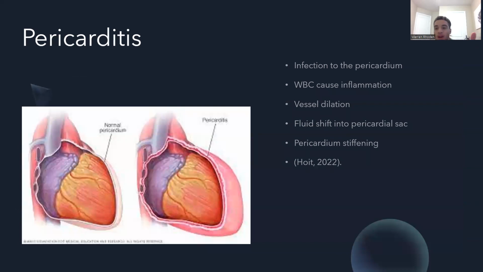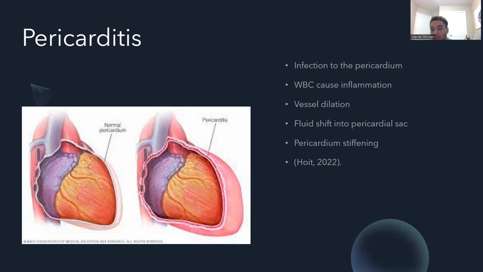So what is pericarditis? This is an infection of the pericardium or the pericardial sac, and it comes when white blood cells cause inflammation of the pericardial sac. As we know, white blood cells will result in vasodilation, and vasodilation results in fluid shifting. When this fluid shifts into the pericardium, this is where the problems begin to occur.